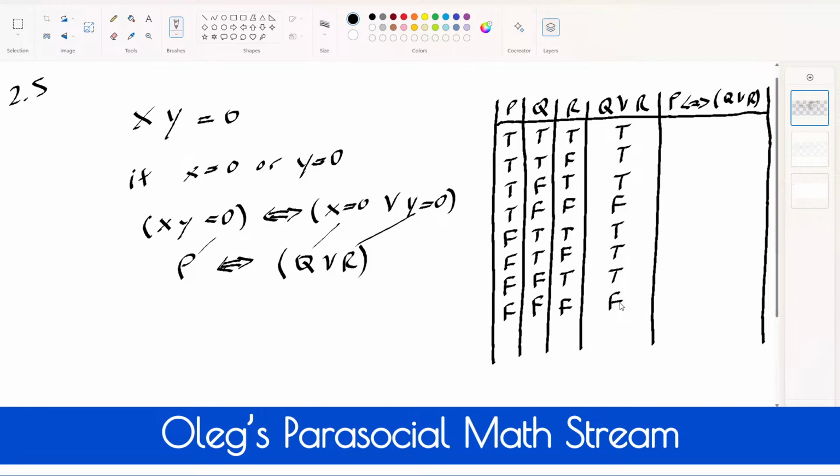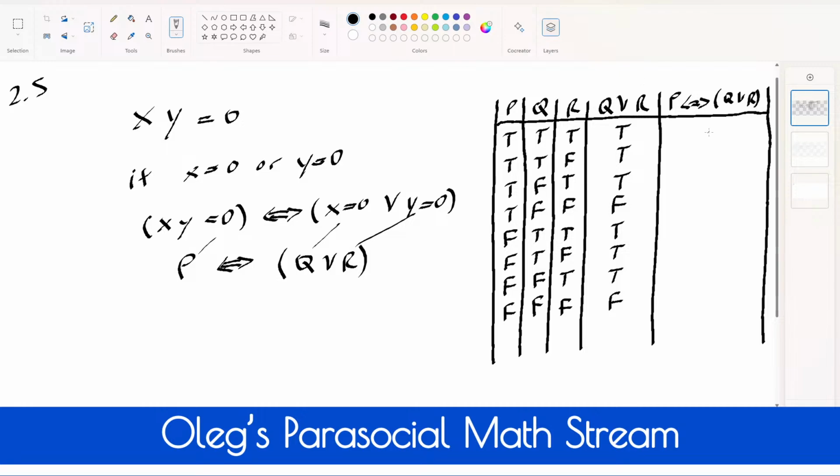Now, if and only if Q or R. So at this point, the reason why we did this is the one that we really needed. So now we're going to take the P, this one, we're going to combine the two of them. So we're going to say if, in other words, P implies Q and Q implies, these two have to be true.